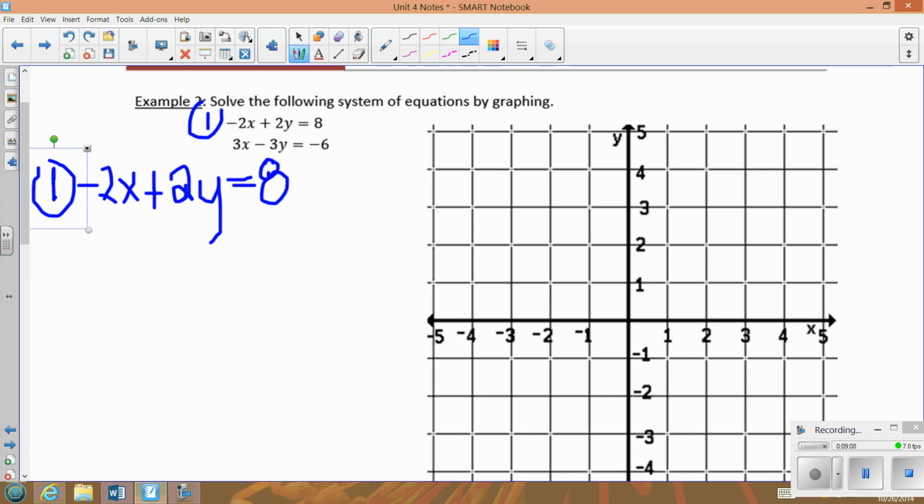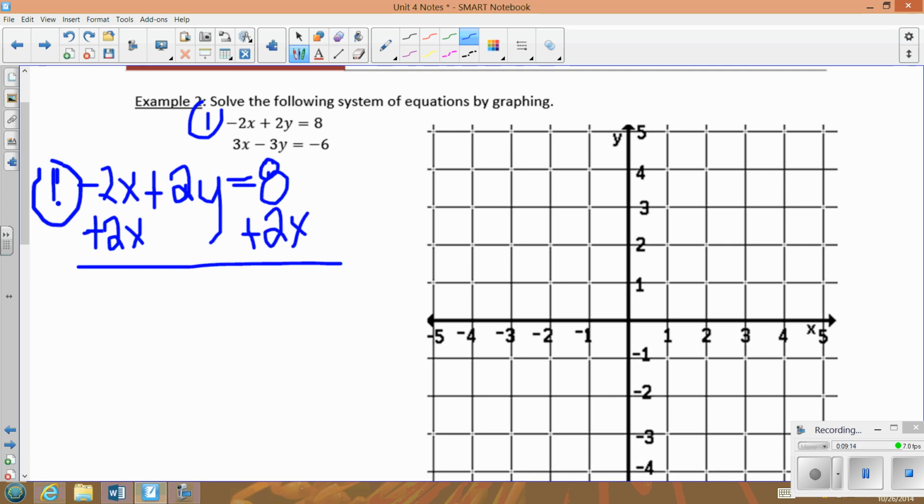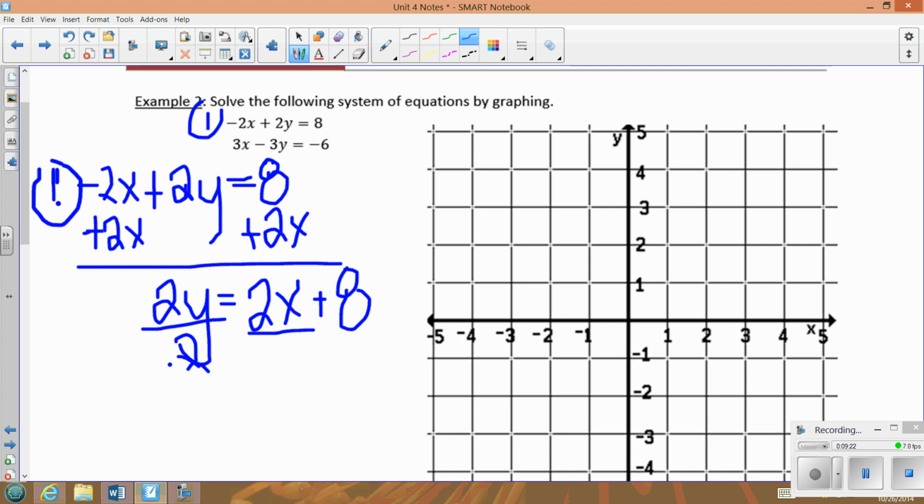So I'm going to add 2x over to both sides. So I have 2y equals 2x plus 8. Divide everything by 2. So y equals x plus 4.